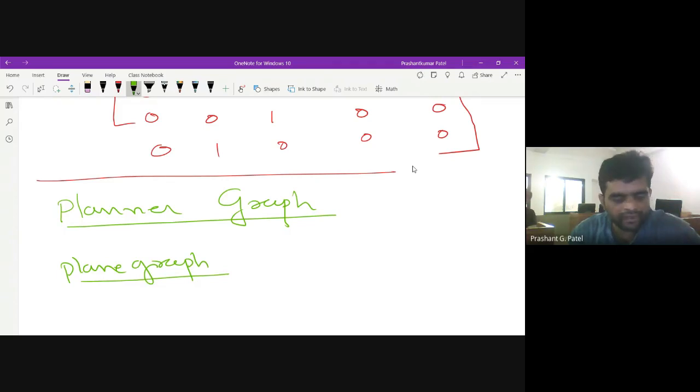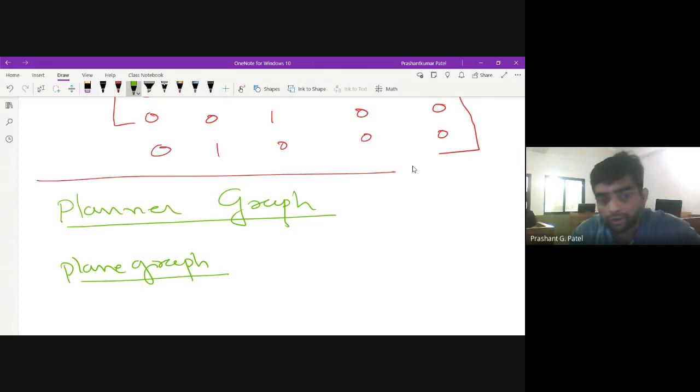A graph is called a plane graph if it can be drawn on a plane in such a way that any two of its edges meet only at their end vertices, or they do not meet at all.